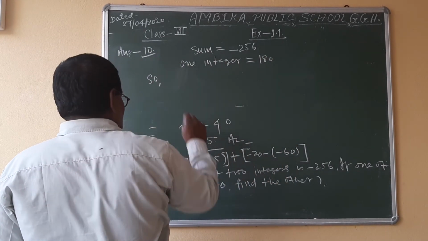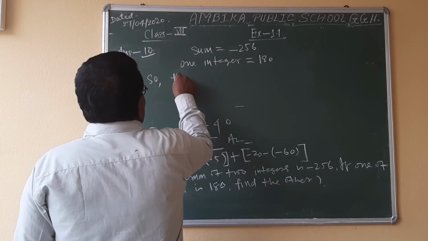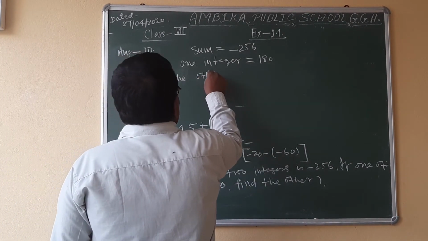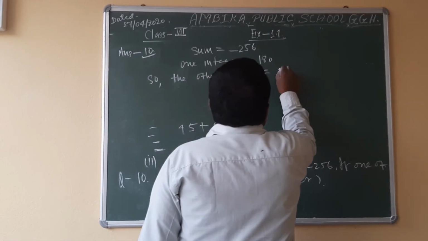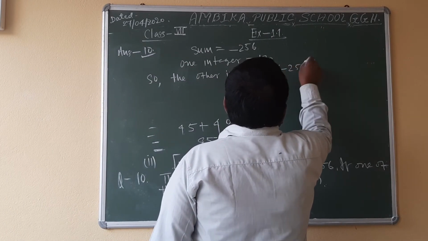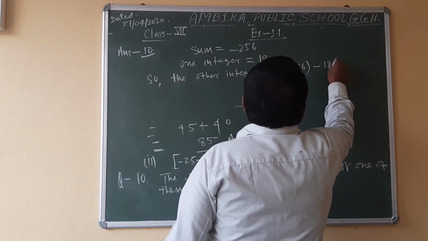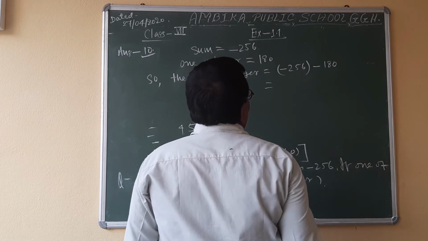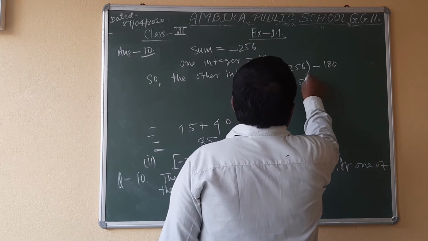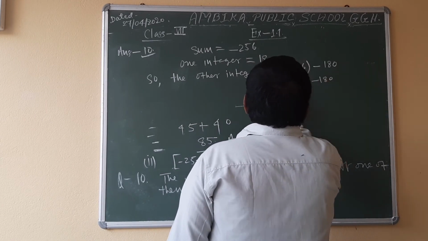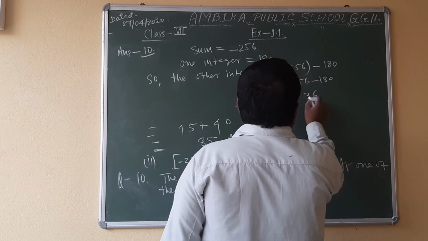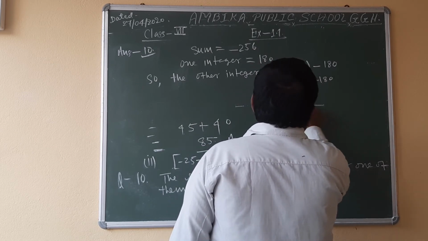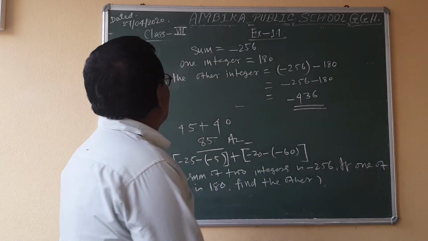So the other integer is equal to minus 256 minus 180, which is equal to minus 436.